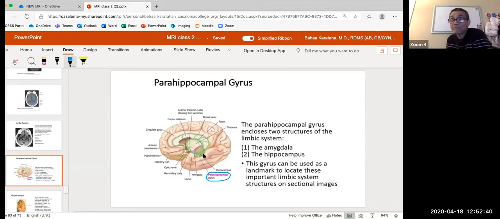And the hippocampus is a part of your limbic system. In the parahippocampus area, I can get not only the hippocampus, but also what? The amygdala. So the parahippocampus is a landmark used to detect those two structures, the hippocampus and the amygdala.